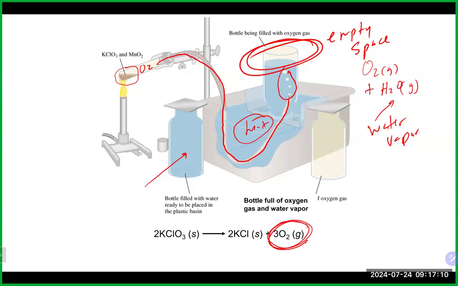But in reality, the reason for this experiment was really to figure out how much oxygen you collected, not really the water. So the total pressure in this situation would be the partial pressure of oxygen plus the partial pressure of water, which is sometimes referred to as the vapor pressure of water.